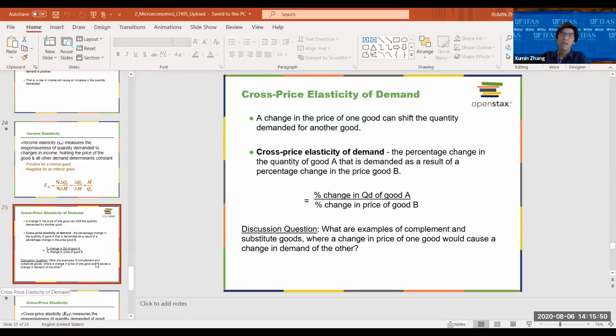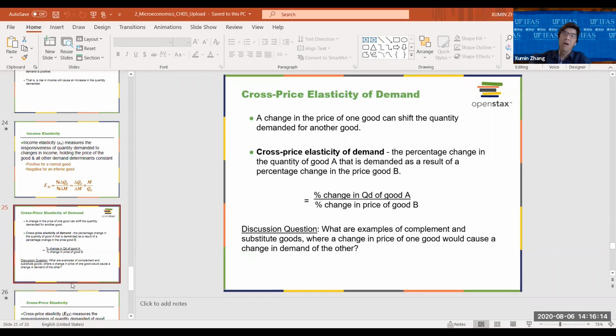But usually, if this is a negative sign, as we mentioned, this is like complement goods. But if this is positive, for example, if good B's price is increased, and then good A's quantity is increased as well, this is what we call substitute goods.